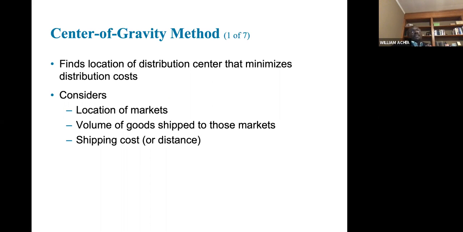The center of gravity approach basically looks at volume and the locations of the different market centers that your organization wants to service, and tries to find somewhere close to or between these different locations that would result in the lowest possible shipping cost or lowest possible distance.